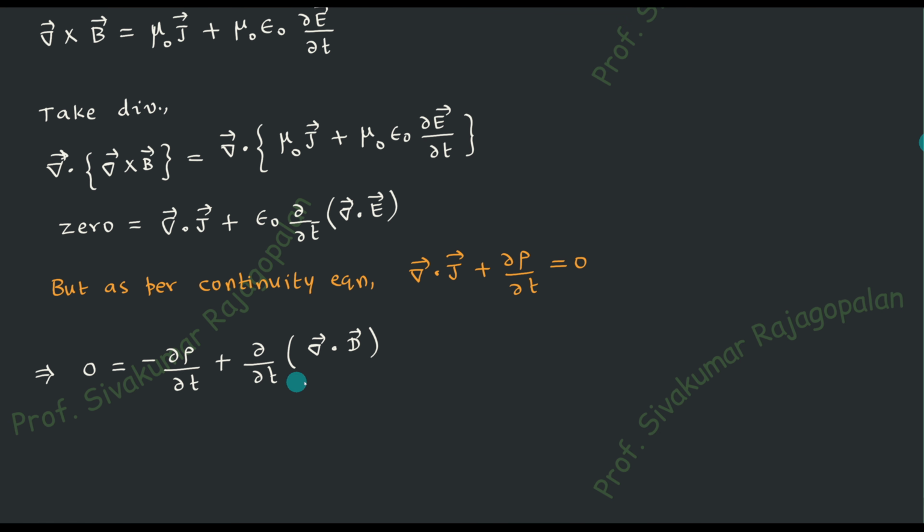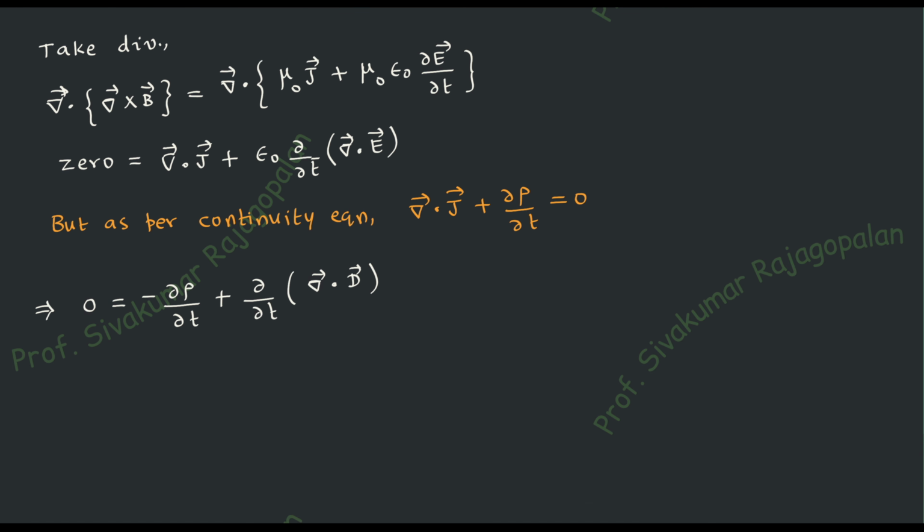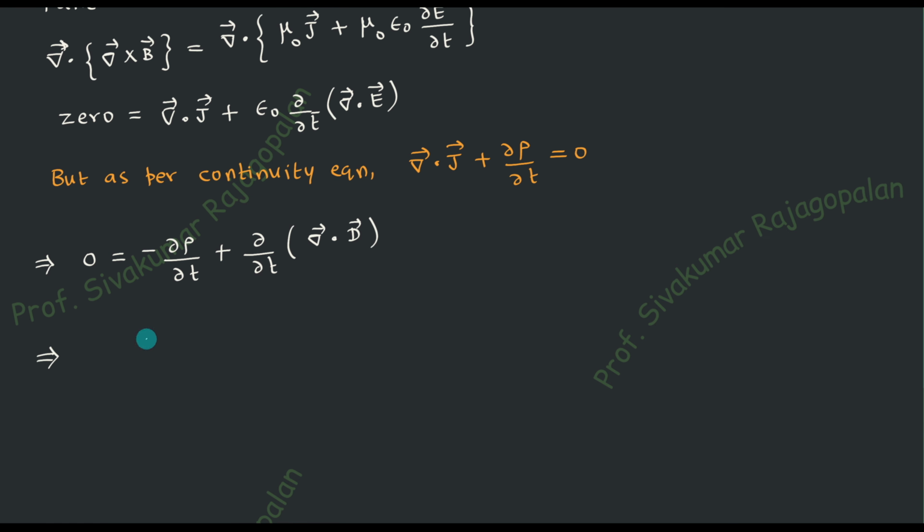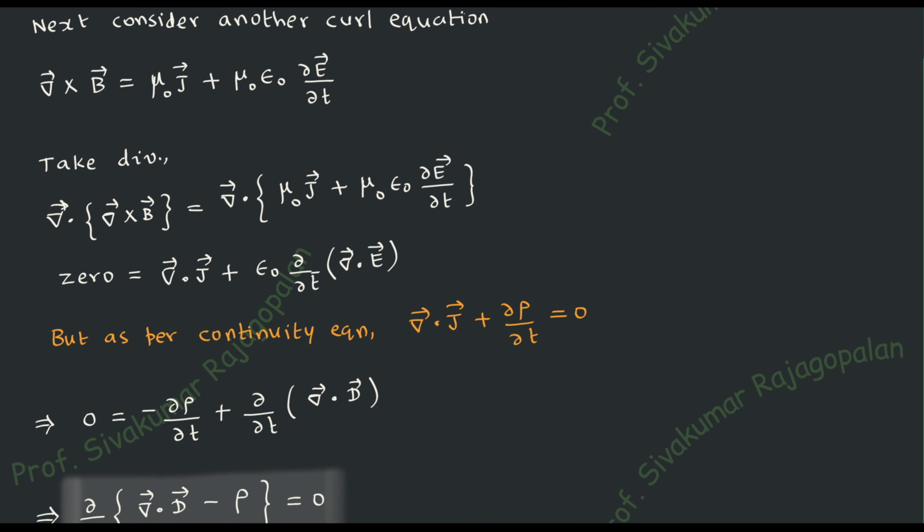And now that you have the time derivative on both sides, I can take the time derivative common. Minus of rho, that's all about it, and that's equal to 0. And this is once again the conclusion and very important. So keep this in mind, and we will now make a conclusion.